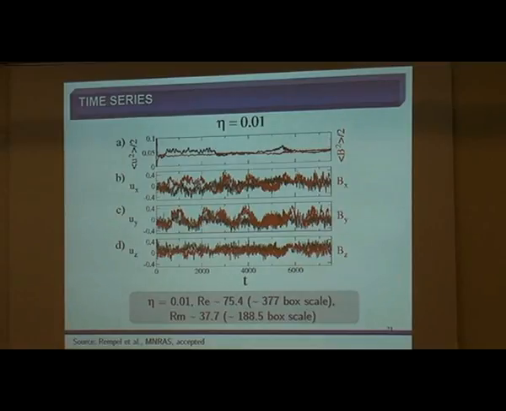This is a compressible calculation. In addition to turbulence, we have acoustic waves, right? You could look at this. This is low Mach number, 0.4 or so. Nevertheless, we have some resonant oscillations here, right?